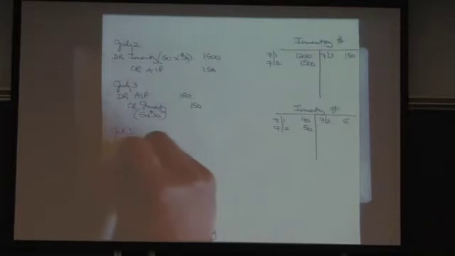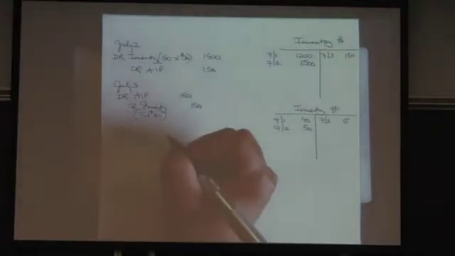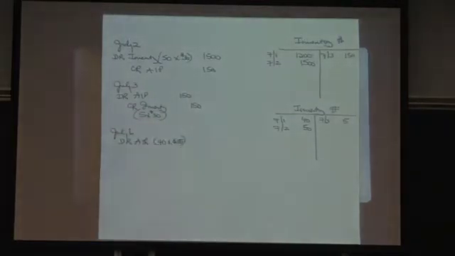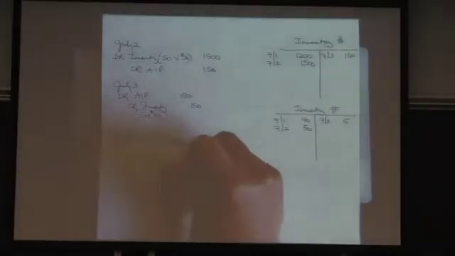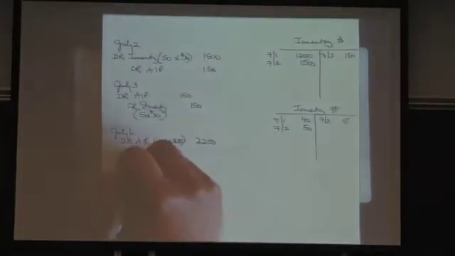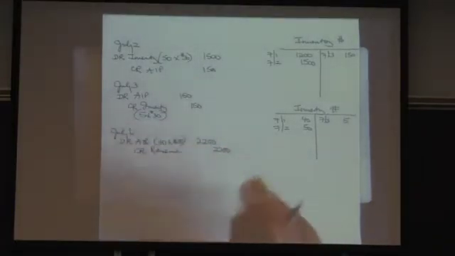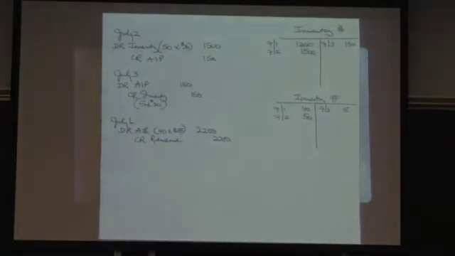First, we're going to debit accounts receivable for 40 times 55, that's $2,200, and we're going to credit revenue for the same amount. And we're going to update the cost of goods sold, because that's the point about perpetual: we're always updating the inventory and cost of goods sold at each purchase and each sale.